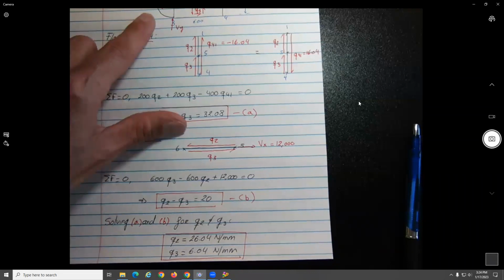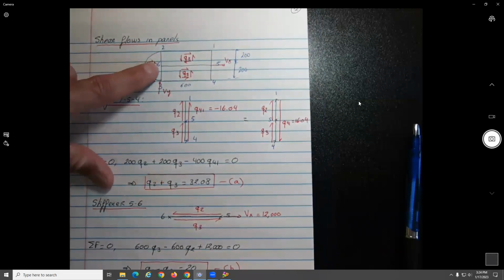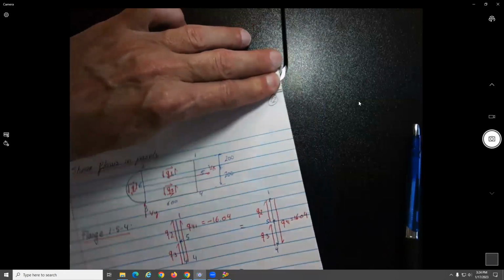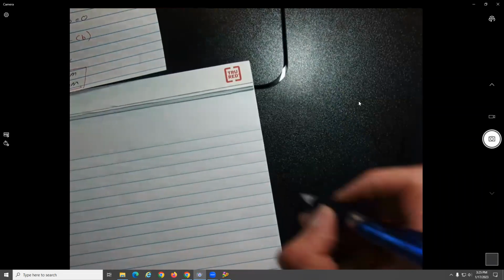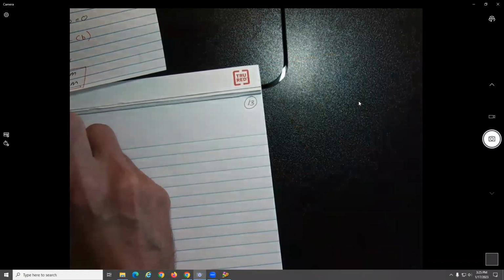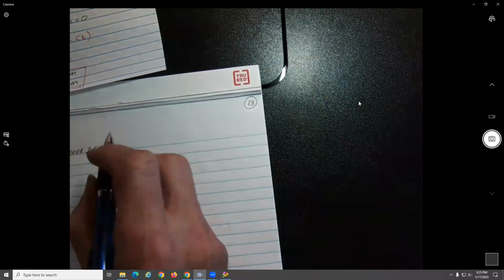One more, we need to find Q1. So for Q1, we need to look at which member? We need to look at the member 263, no? Okay? And we'll be done. So stiffener 263.